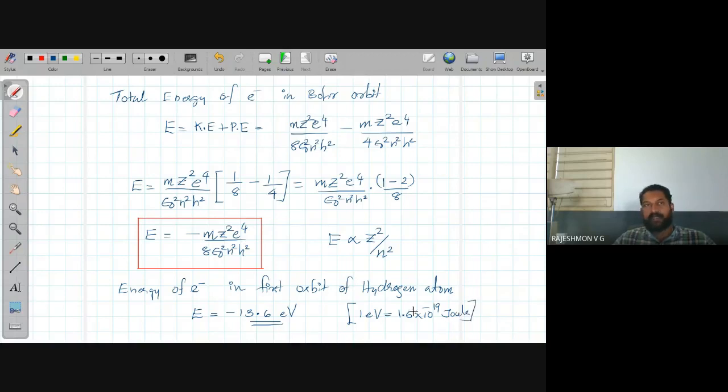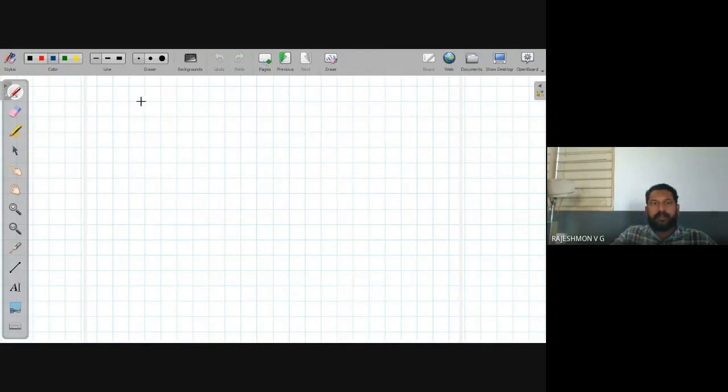The SI unit of energy is joule, but in spectroscopy the energy will be very low, so we use electron volt as units. So energy of electron in the first orbit of hydrogen atom is minus 13.6 electron volt. Then we can write E as minus 13.6 z square by n square eV.